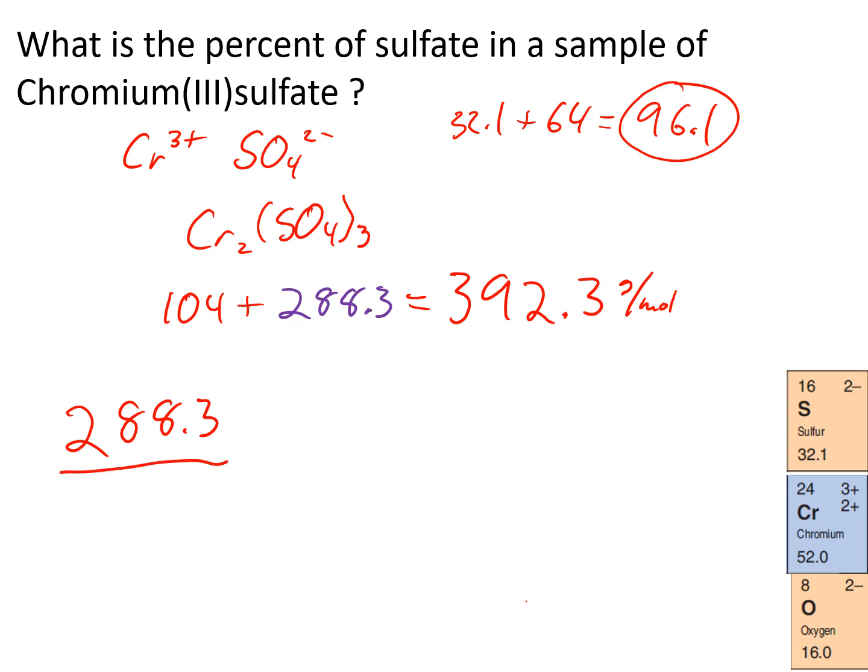So it's going to be over 392.3. So 288.3 divided by 392.3, and we get 73.49, or we're just going to round it up to 73.5%.